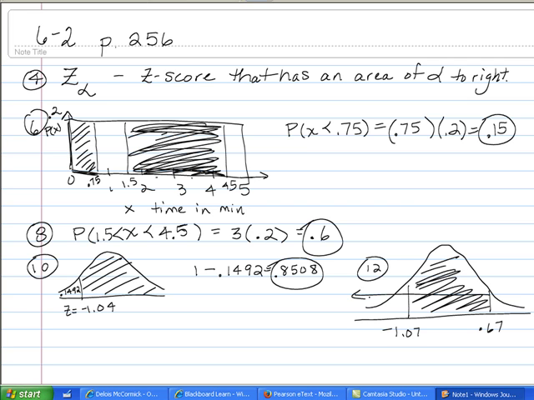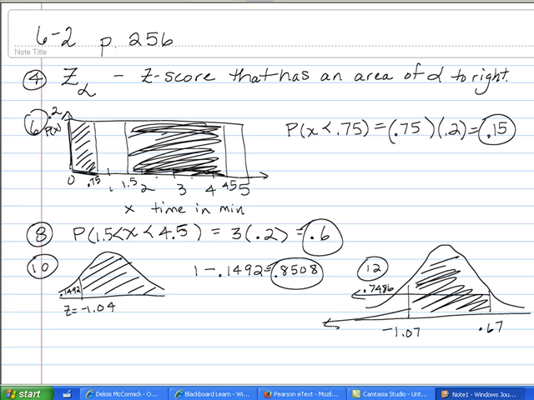The area for this one, which is going to be to the left of negative 1.07, I'm getting 0.1423. So we need the shaded area, so we need to take the large area minus the small area.